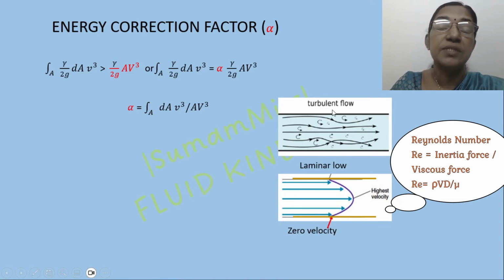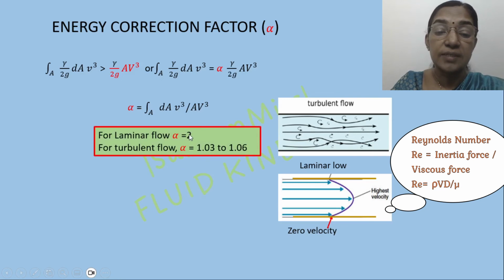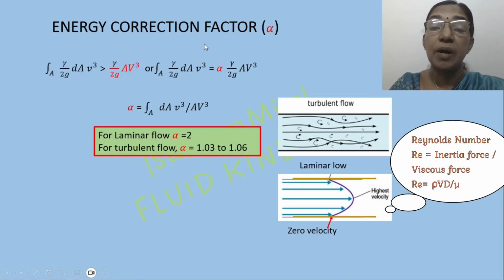The variation of velocity across the section is very small, more or less close to the average velocity. So considering the value of alpha, for laminar flow it is high, equal to 2, compared to turbulent flow, where it is 1.03 to 1.06. And what is the role of alpha in Bernoulli's equation?